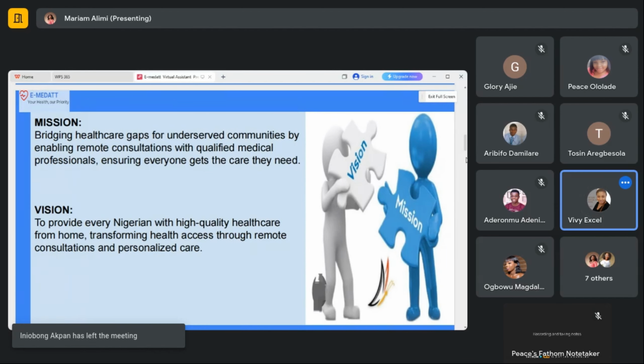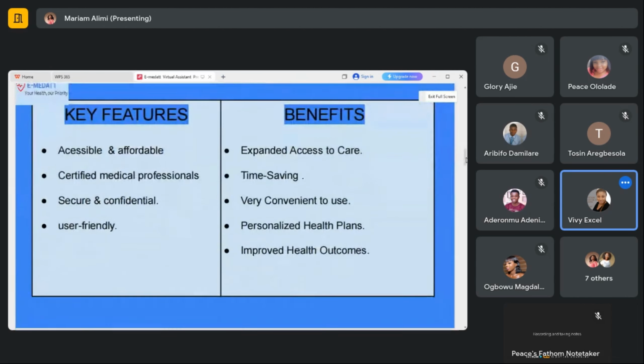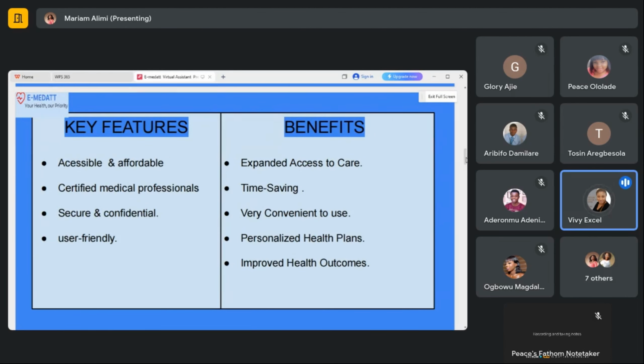So this is the mission, and the vision is to provide quality healthcare for everyone in Nigeria. Please move on. And in the website designing, we have the key features.